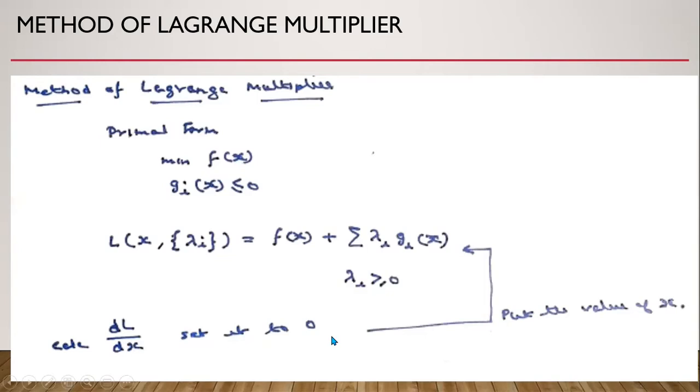Then when we get the value of x, that is vector w in our case, we put it back into this Lagrange multiplier form and we solve it. So this is the method of Lagrange multiplier.